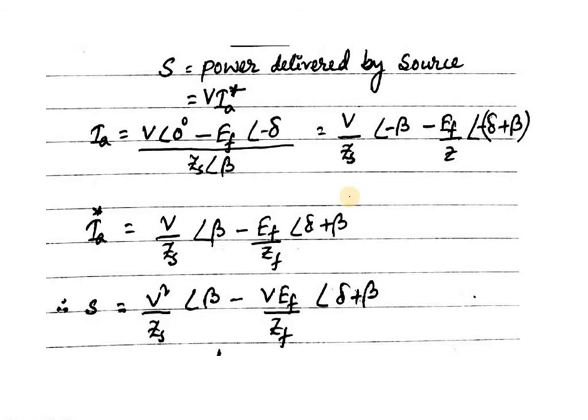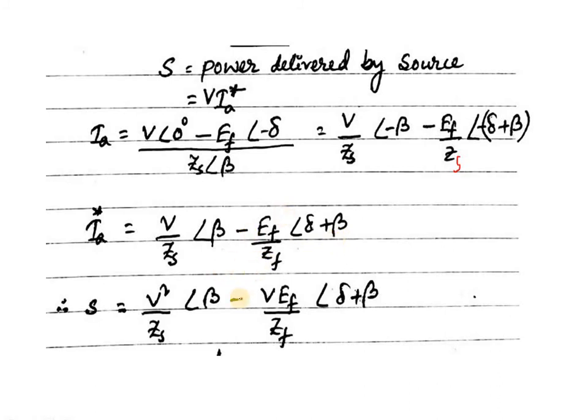So, dividing both sides by ZS angle beta, we are getting V by ZS angle minus beta minus EF by ZS angle minus delta plus beta, where we have taken minus beta common. Now, Ia conjugate will be just the conjugate of this Ia equation: V by ZS angle beta minus EF by ZS angle delta plus beta.